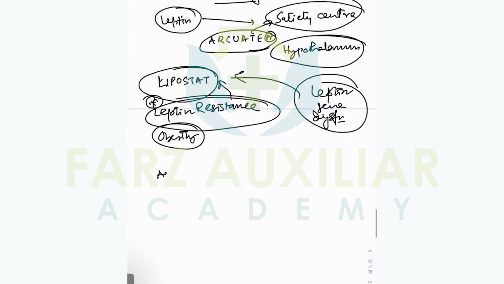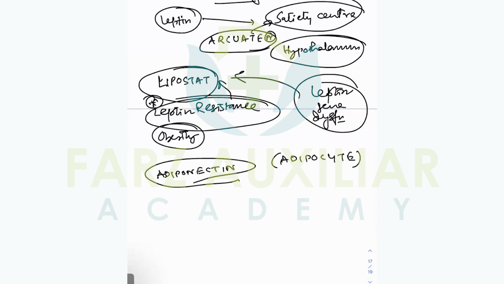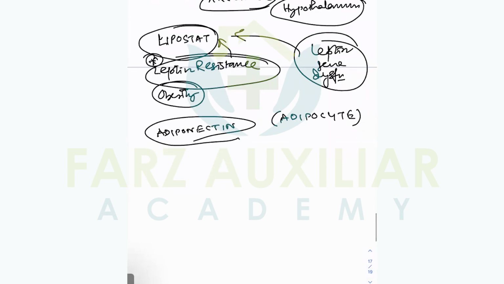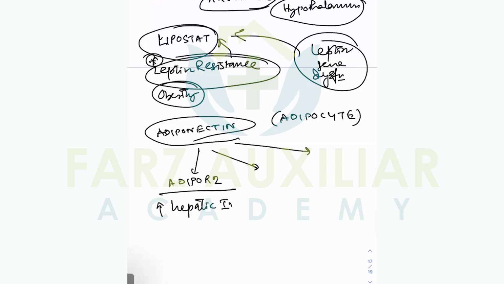The next important chemical in terms of obesity is adiponectin, and this adiponectin is secreted from the adipocyte. Adiponectin acts in three pathways, and these three you need to just remember. I'm making it very, very short basically. One is through the adipo R2 receptor, which increases hepatic insulin sensitivity.